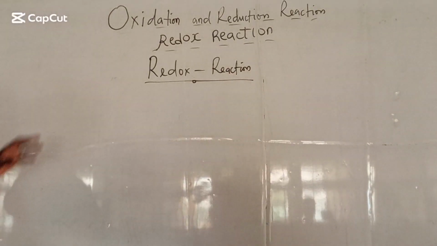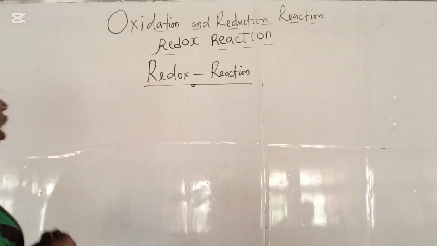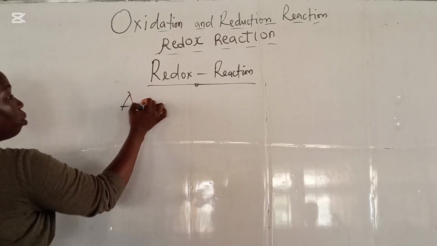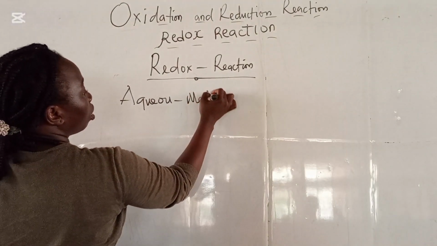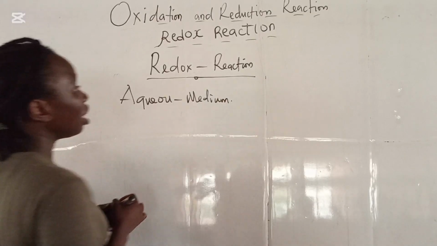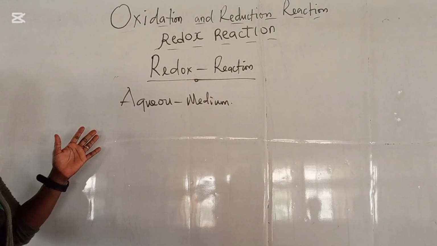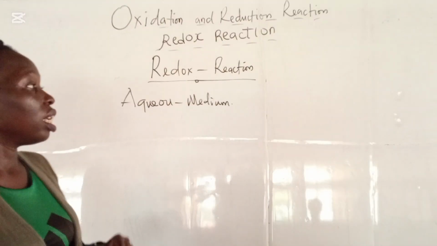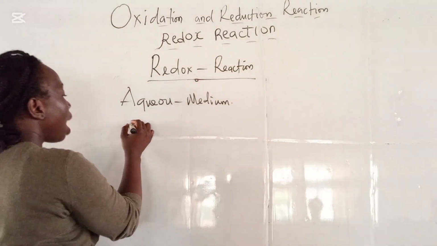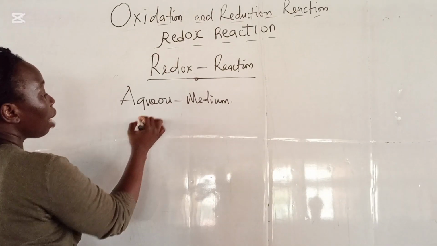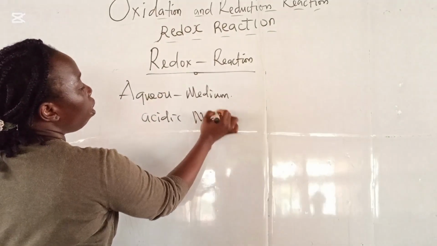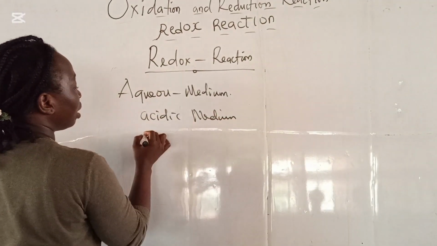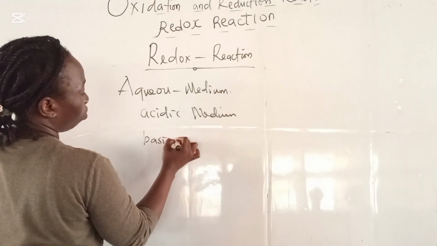Now, we will be balancing redox reactions using the aqueous medium. Using the aqueous medium balancing method means we either balance in acidic medium or in basic medium.